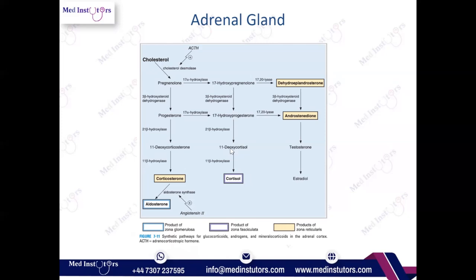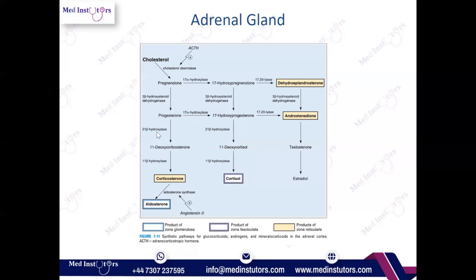Okay, we have another metabolic disorder, which is autosomal recessive 11 beta hydroxylase deficiency, or we have 17 alpha hydroxylase deficiency, and we also have 21 beta hydroxylase deficiency. So now tell me, if a patient has 11 beta hydroxylase deficiency, would that person have enough cortisol in their body? Okay, yes, there would be no cortisol.